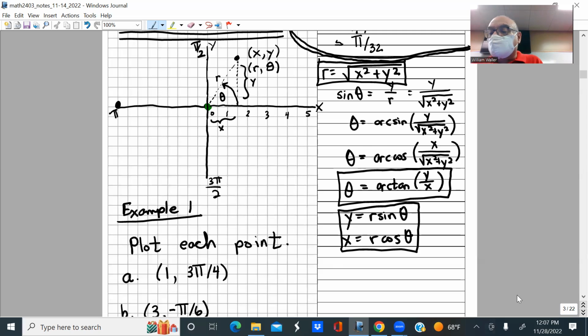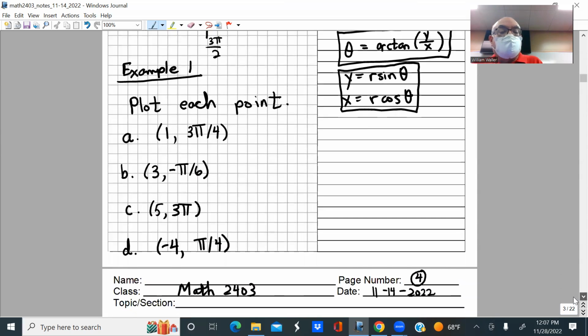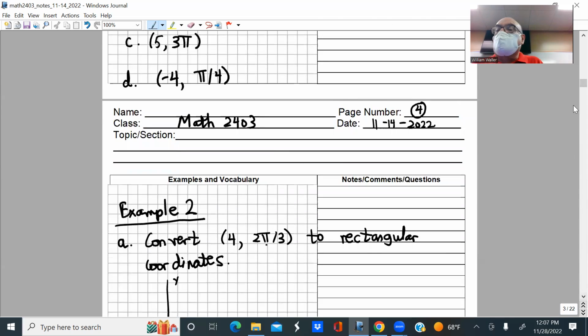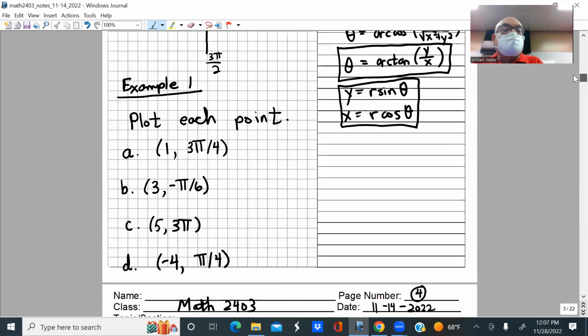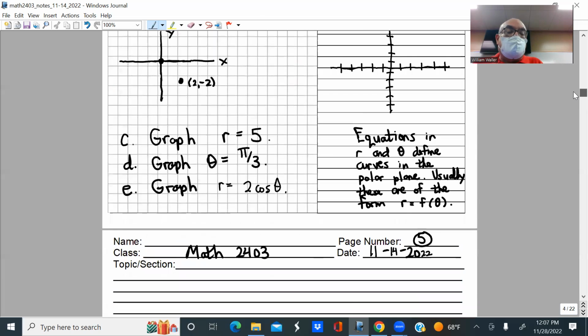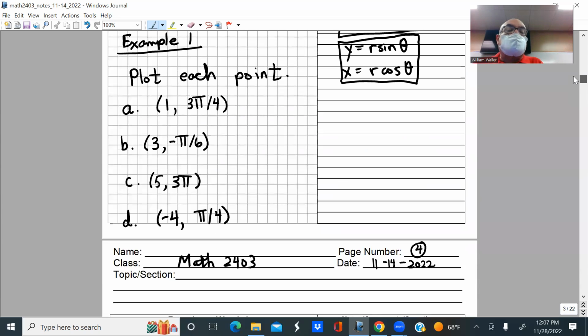Let's try those just to remember how to use them. But before we do that, let's try plotting these points. These are points given in polar coordinates.